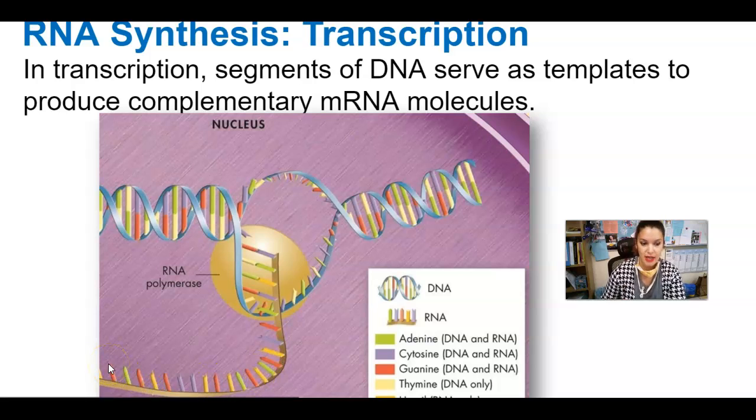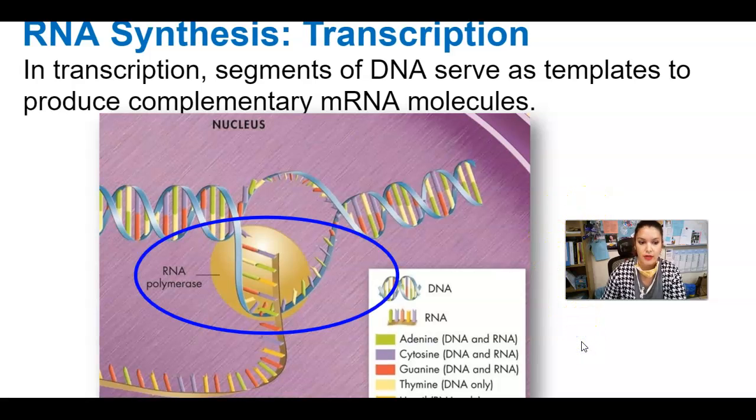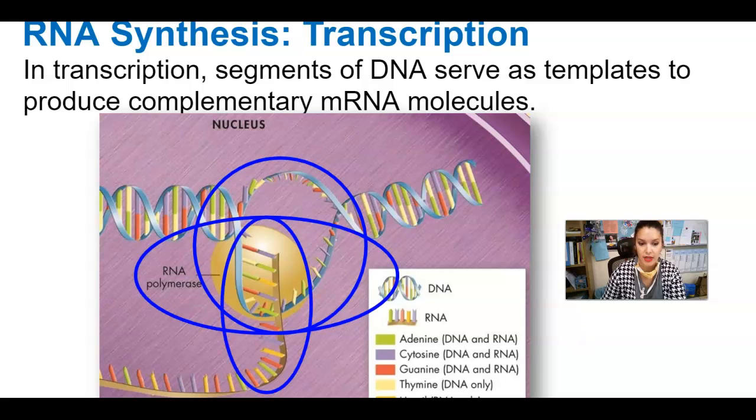There's our DNA, and we use RNA polymerase to make that RNA strand, and the mRNA then leaves the nucleus, right? RNA polymerase unzips the DNA and allows the mRNA to be made right there.